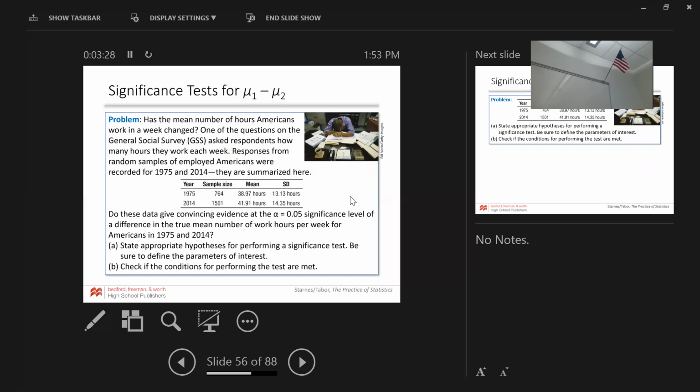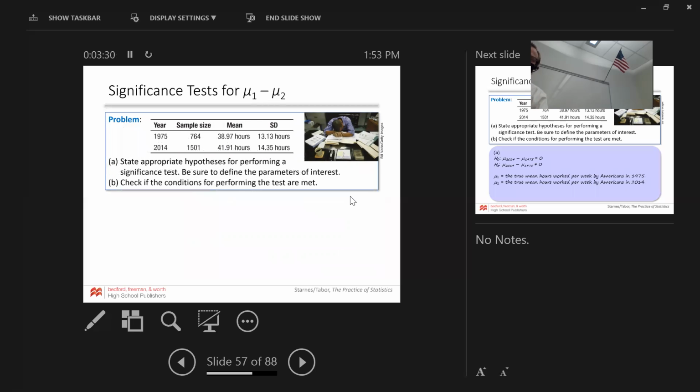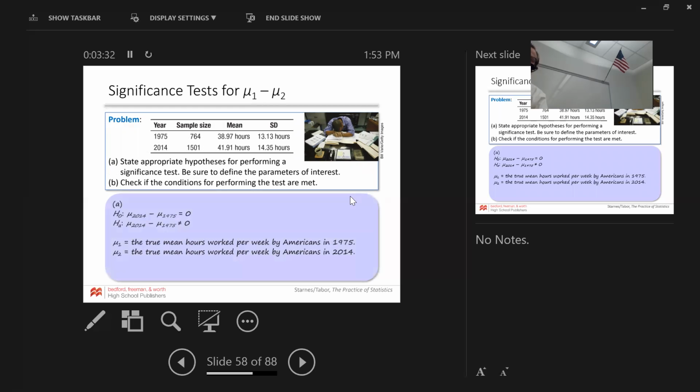So the hypotheses would be, ready? That the average weekly hours of workers in the country in 2014, take away the average in 1975, was 0. See, because if you look at this table, you can see that the mean's higher.